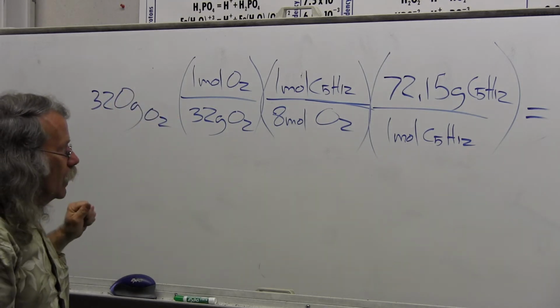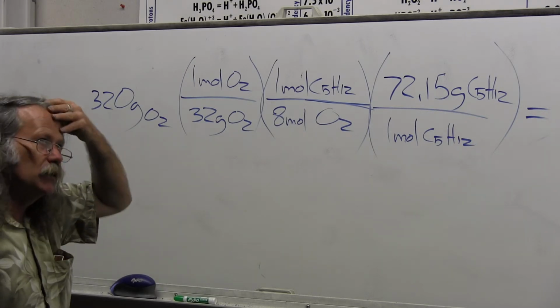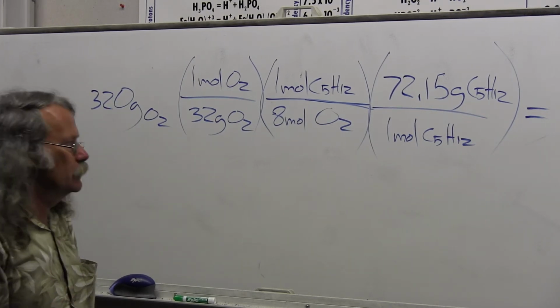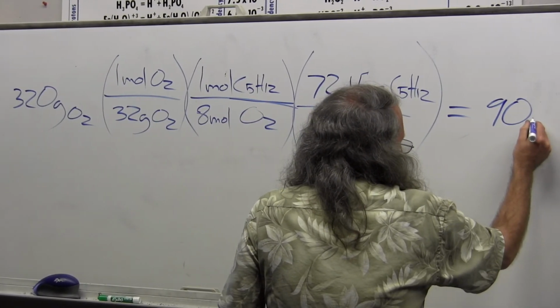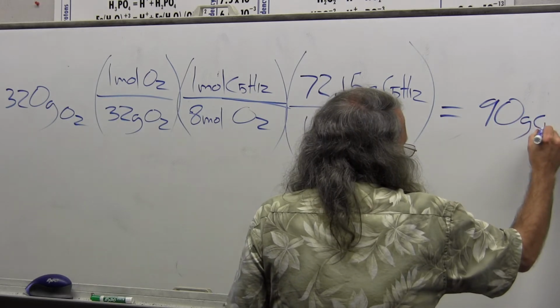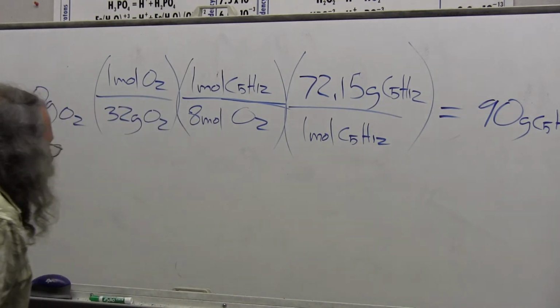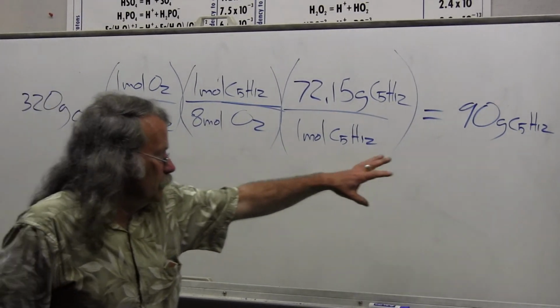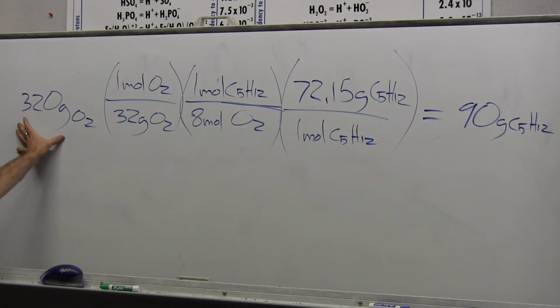So 10 times 9, and what is 10 times 9? Oh, that would be 90 grams of C5H12. So it turns out it would take 90 grams of pentane to completely consume 320 grams of oxygen.